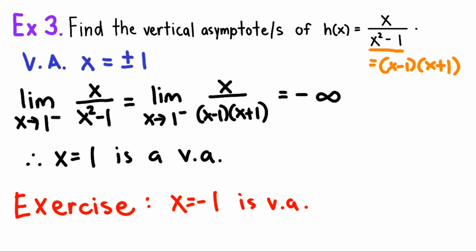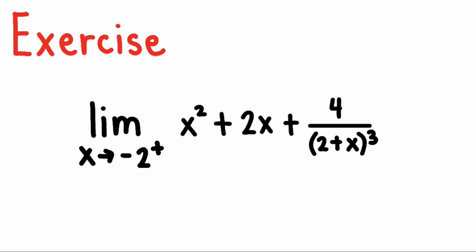And aside from that, here's another exercise that you can work on. We have here the limit as x approaches -2 from the right of x squared plus 2x plus 4 over 2 plus x cubed. As a hint, the technique is to split this up.